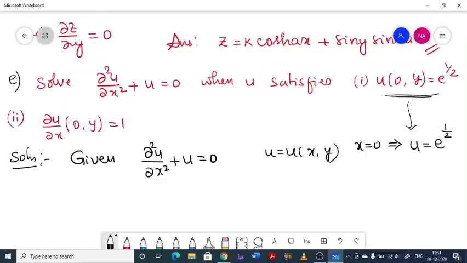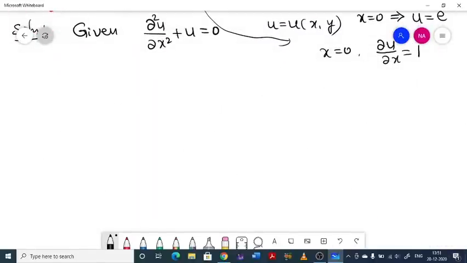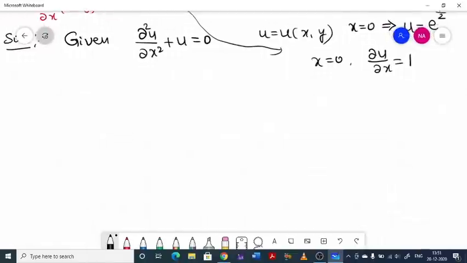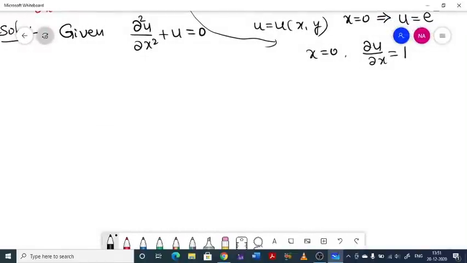Next, when x is 0, the value of dou u by dou x is 1. So this is the given problem. Now you have to solve this one.